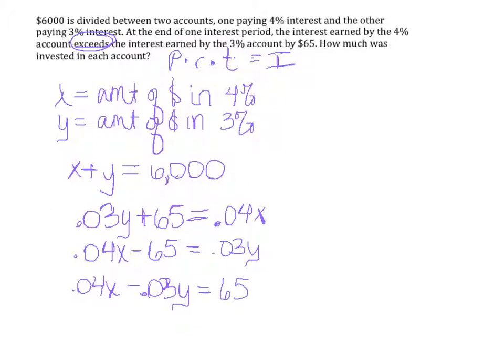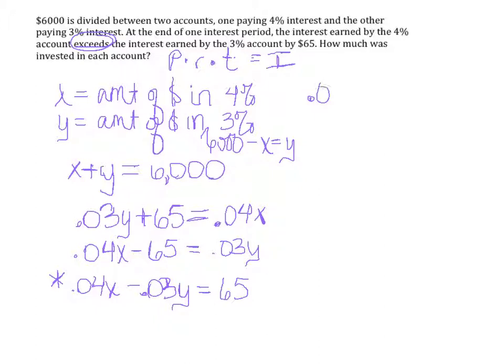I will use this third equation in solving this problem. So I know that x plus y equals 6,000, which means I could also say that 6,000 minus x equals y. And then I'll use that to substitute and solve for my y variable.